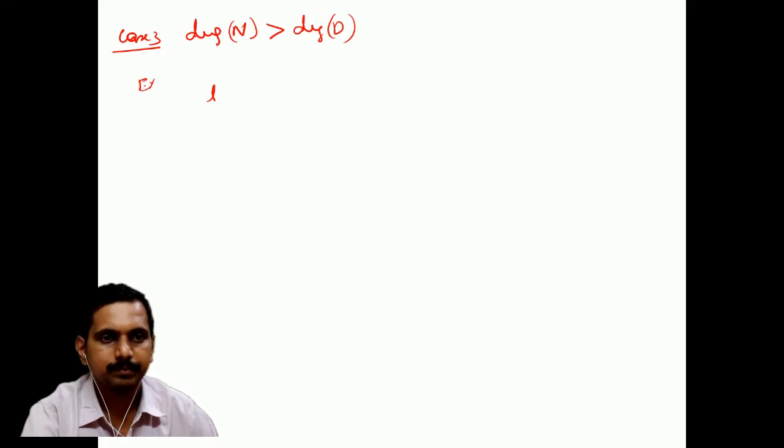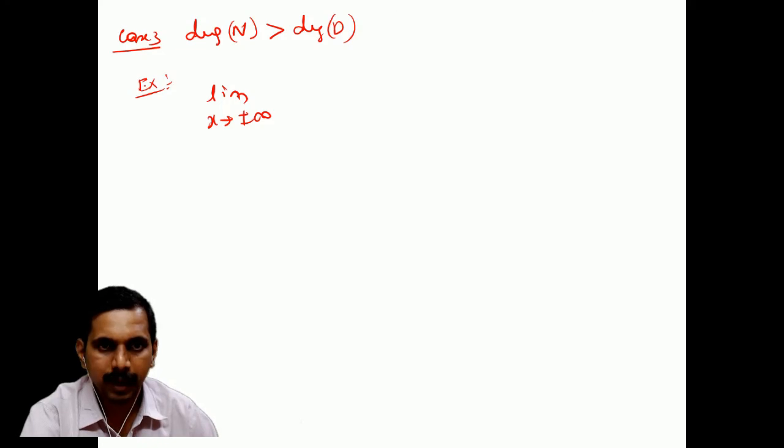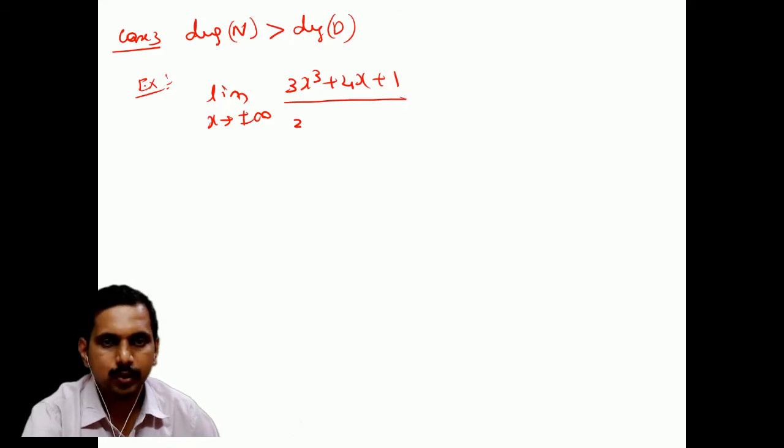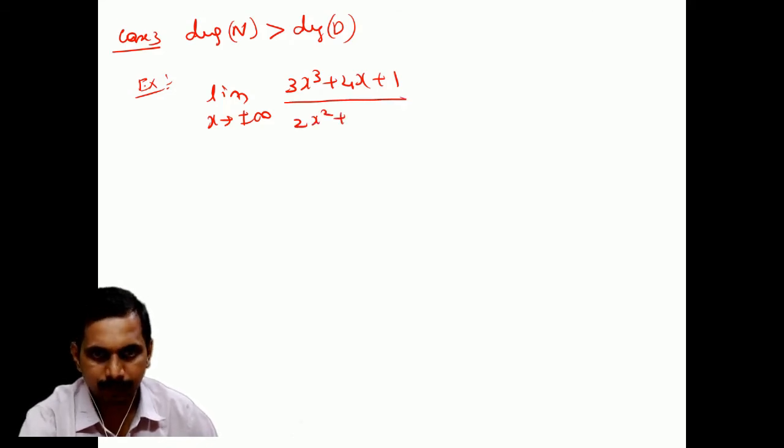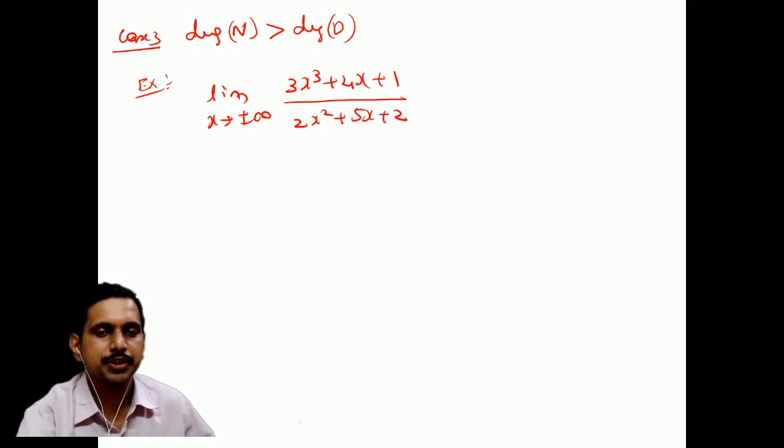Example. I am really writing arbitrary examples here. Limit x tending to plus or minus infinity, I will say the degree of numerator should be higher. So 3x cube plus 4x plus 1 divided by 2x square plus 5x plus 2. Suppose this is the case.